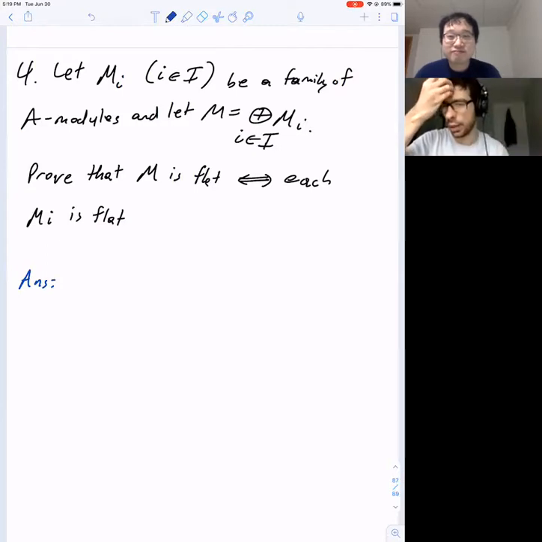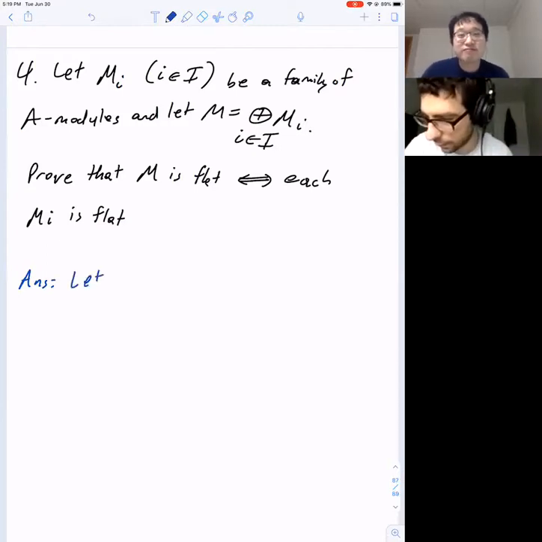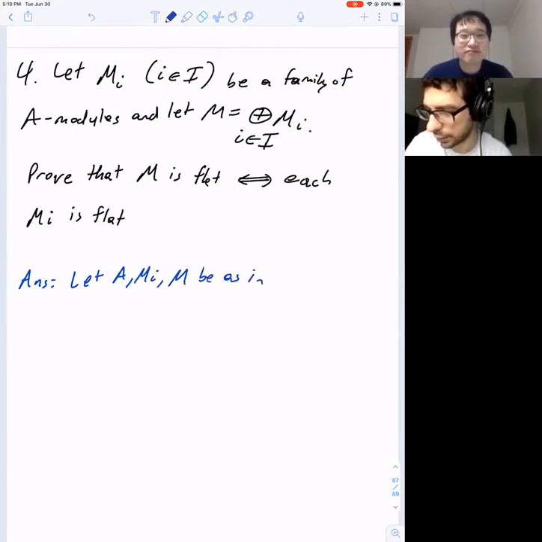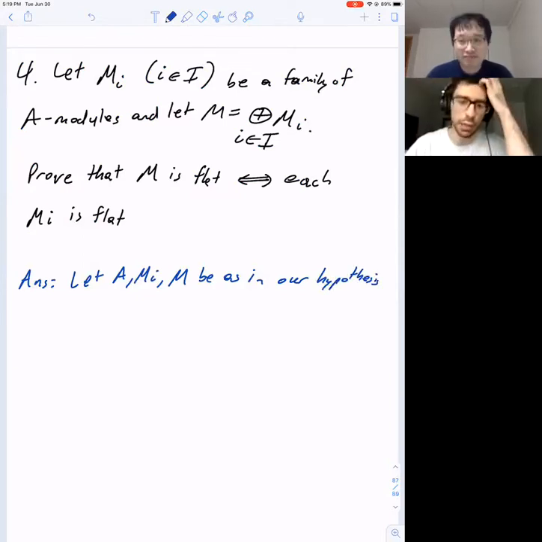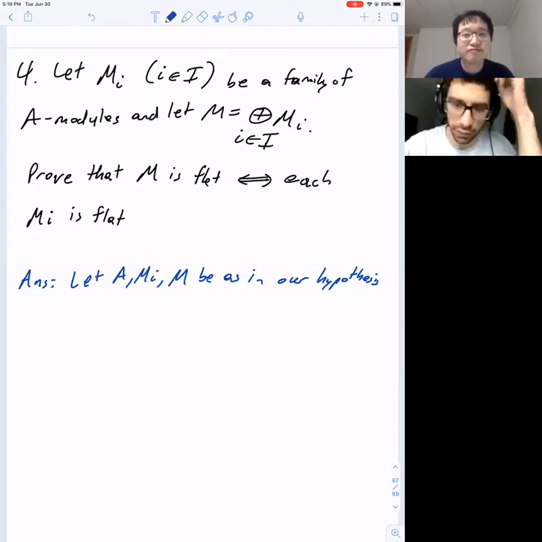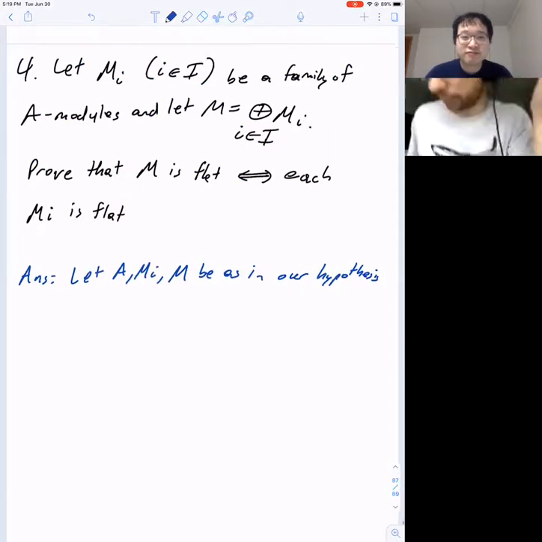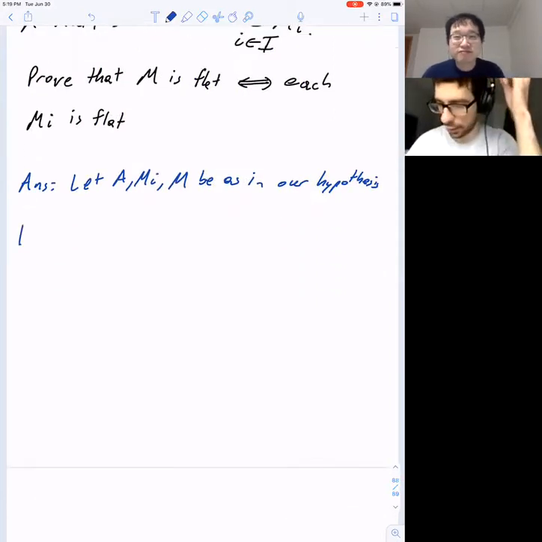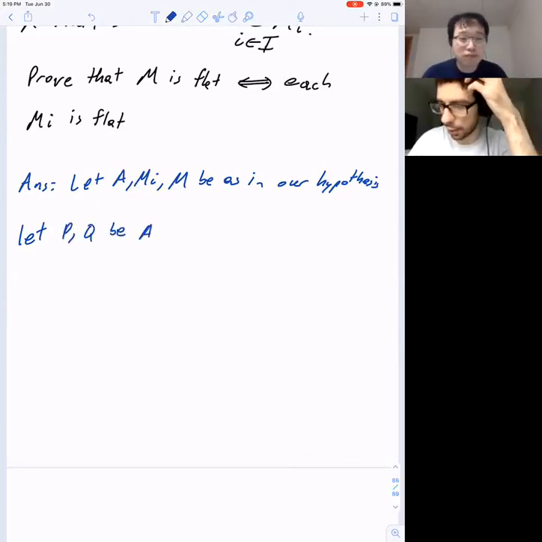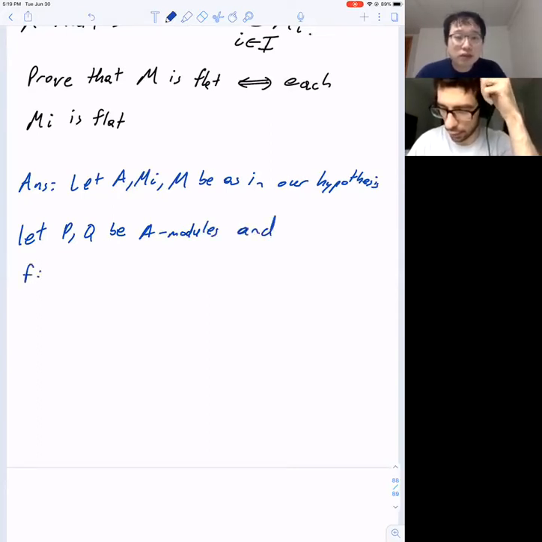Okay, so M_i, A, and M be as in our hypothesis. How do we prove that M is flat if and only if each of the factors is flat? So remember, let's say P and Q be A modules, and let's say F going from P to Q is injective.